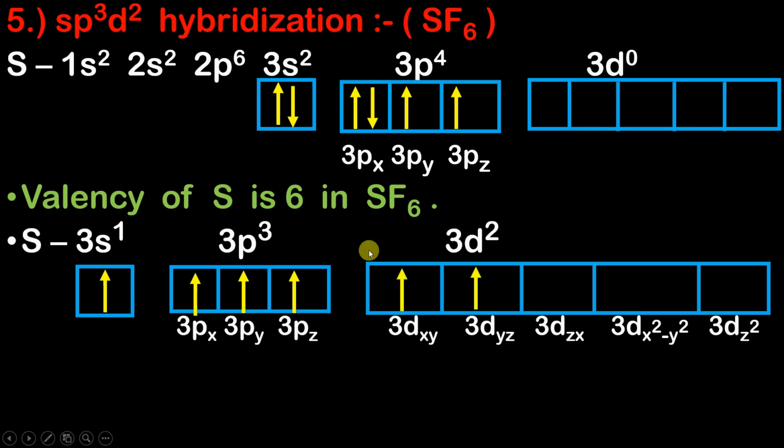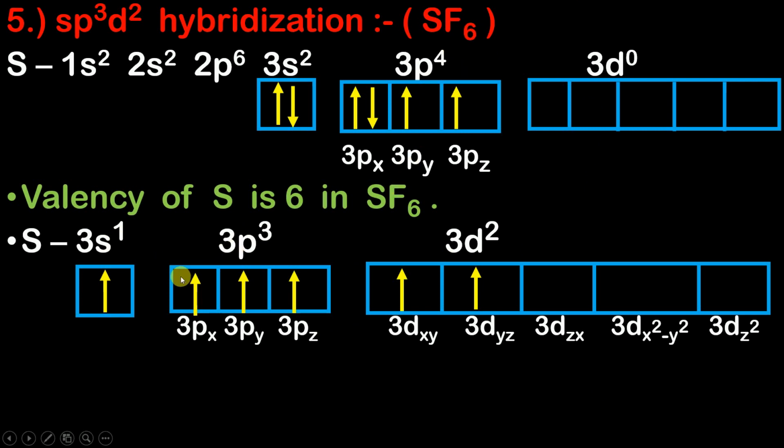They have jumped, and now we have 6 unpaired electrons, which means we have 6 half-filled orbitals. Clear with this?